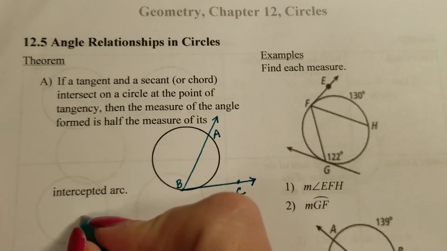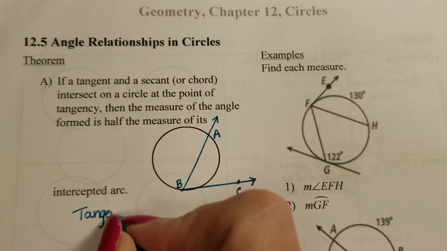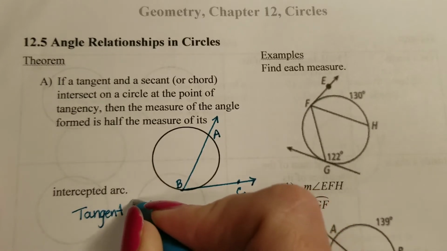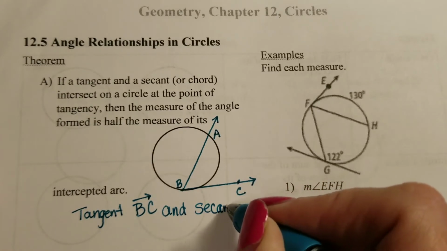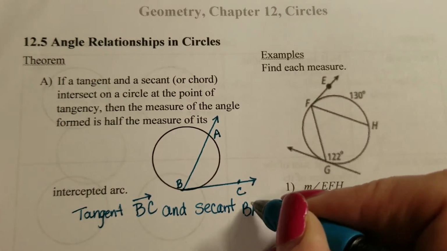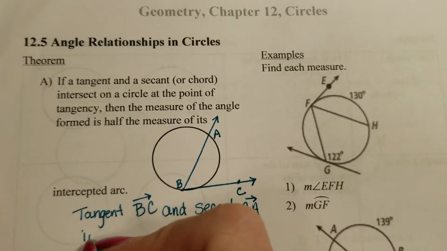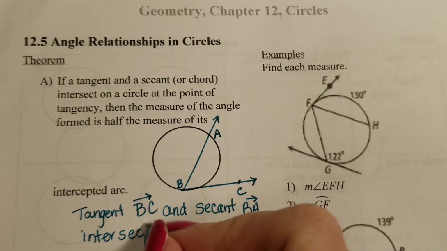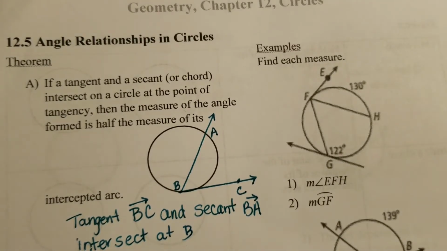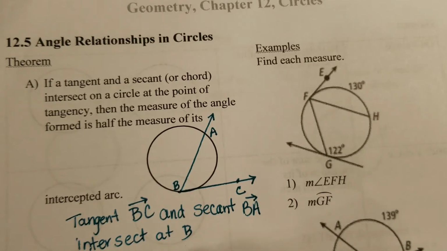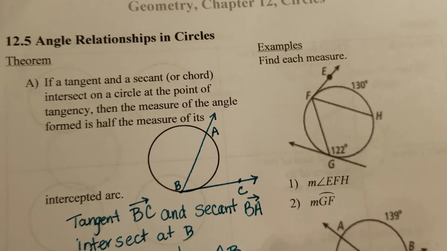So the tangent is BC, and the secant BA intersect at B. So we're going to have a conclusion based on the measure of the angle. The measure of angle ABC is going to equal 1/2 of the measure of the arc AB.